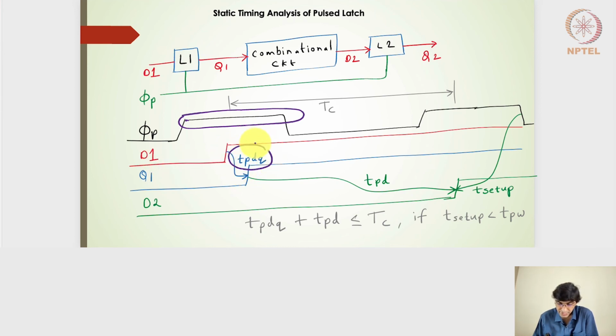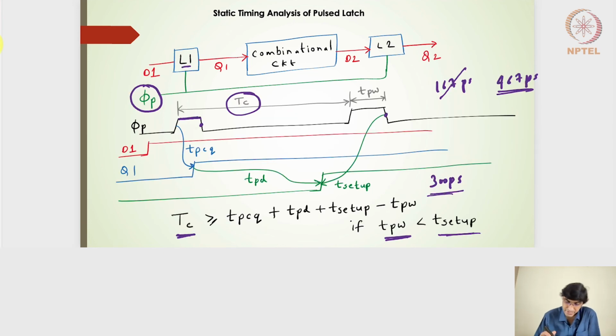So this is D to Q, and in our earlier designs, let me point it out, it was the propagation clock to Q, because the D had arrived earlier. The output of the latch design will go high only when the clock goes high here. Because D1 has arrived earlier, the Q1 output will depend on whenever the clock goes high.